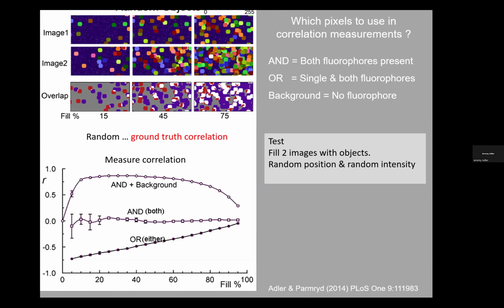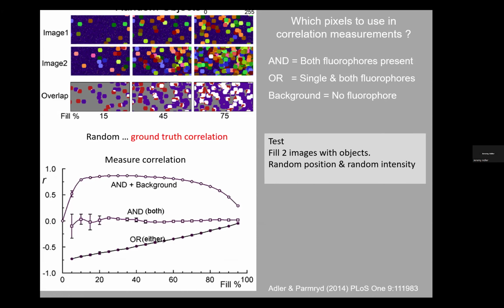So to examine this, we decided to generate some sets of images where in image 1, we simply throw in some random blobs where their position and intensity is randomized. We do the same for the second picture, just two sets of random blobs. So as a ground truth, we think the correlation here should be 0.